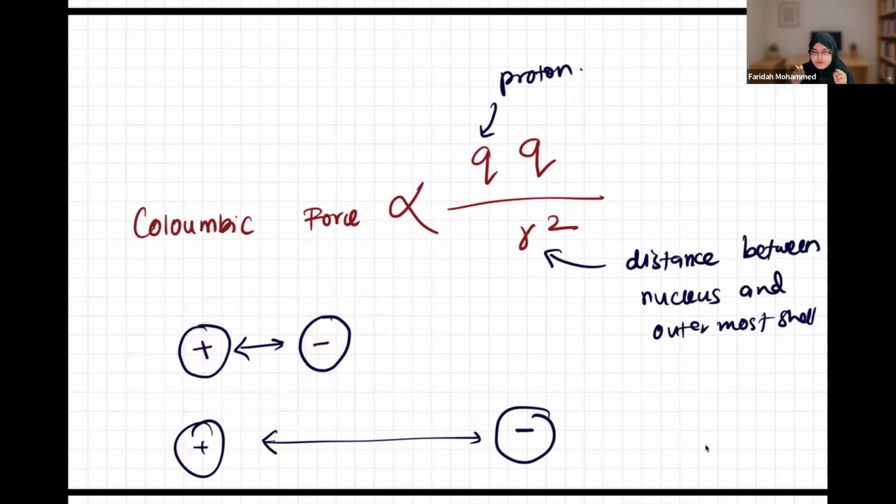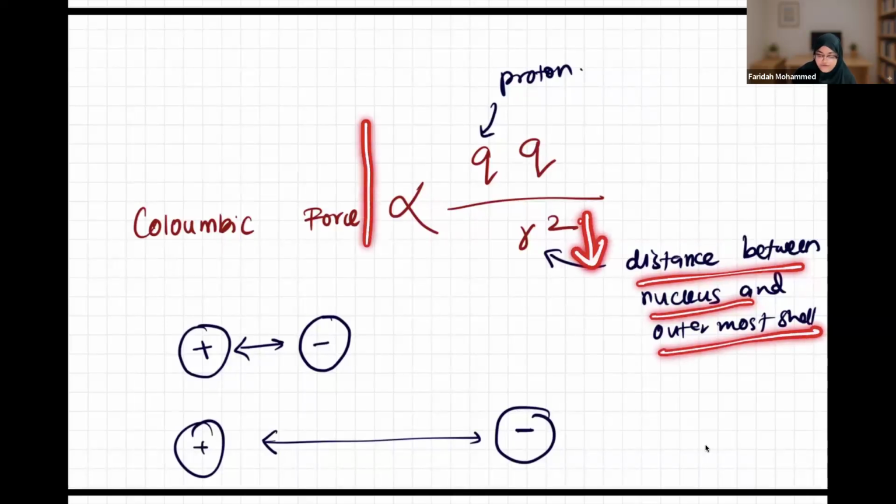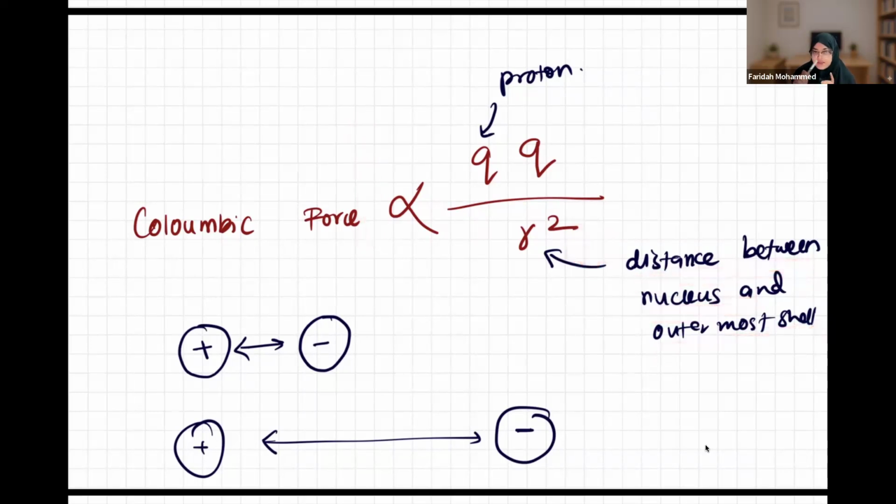So when you have closer magnets, they're gonna attract more. So as the distance between nucleus and outermost shell decreases, the Coulombic force increases. Okay, so let's recap. The higher the number of proton, the stronger is the Coulombic force. The higher the distance, the weaker is the Coulombic force.